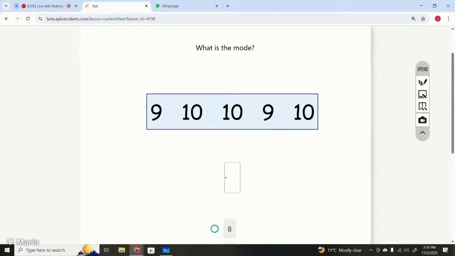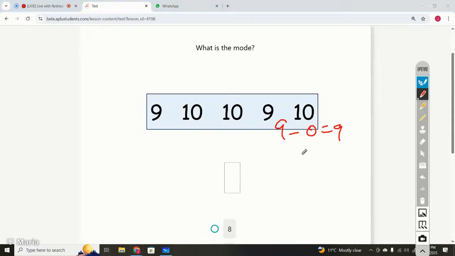What is the mode? Mode is the number that appears the most of the time in the given data. 10 is the number that appears three times in the given data.